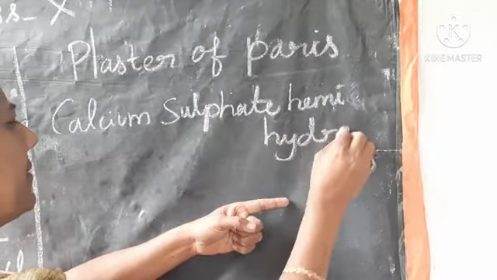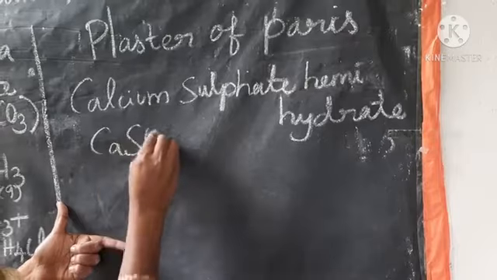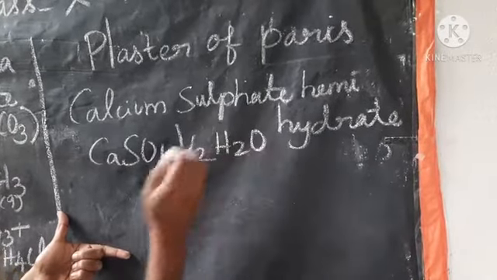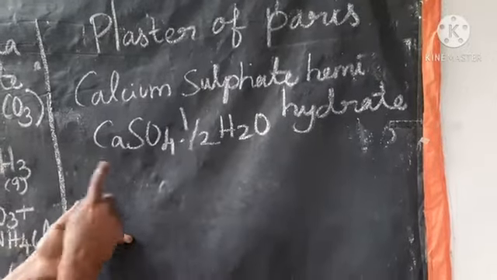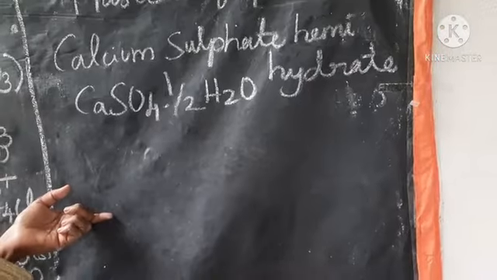What about its formula? Calcium sulfate and half molecule of water. This is its formula: CaSO4 and half molecule of water.